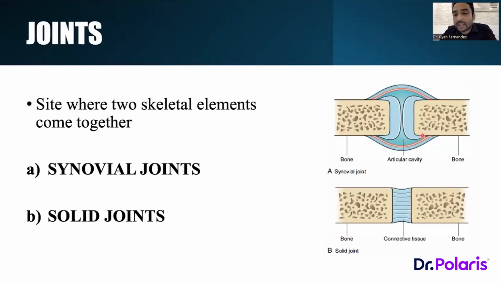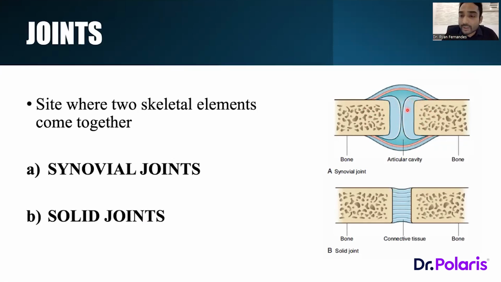The other feature of synovial joints is that these bones don't come in contact with each other directly, because if they do, two bones will grate against each other and cause friction. That is why they have a coating. And what coating is this? This is a coating of hyaline cartilage. When we spoke about hyaline cartilage in the chapter of cartilage, we spoke about how hyaline is derived from the term hyalose, which means transparent.